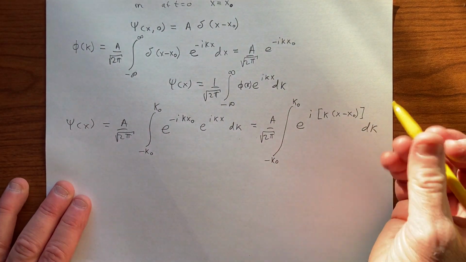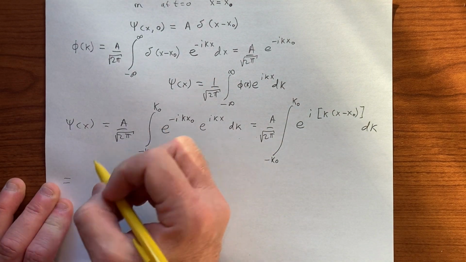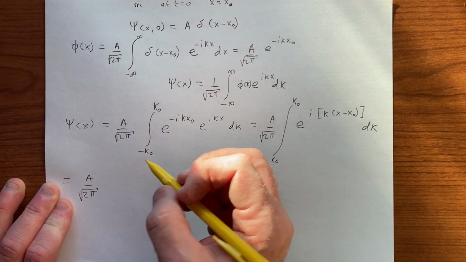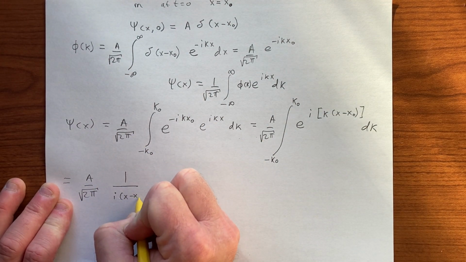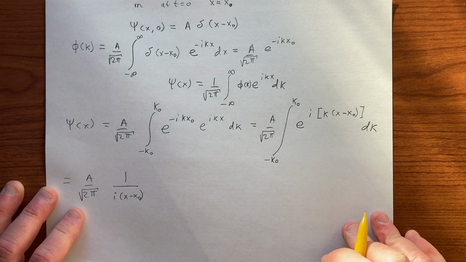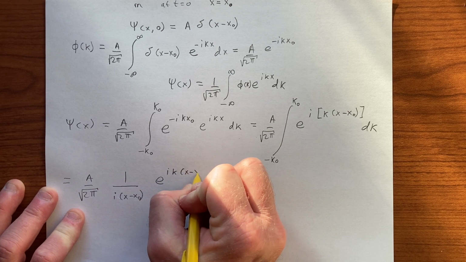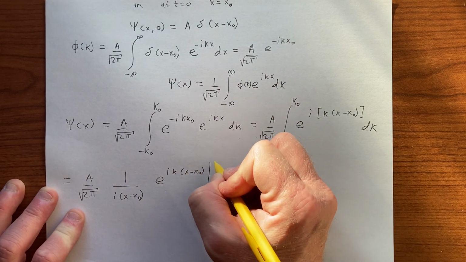So we can do this integral, right? And we get, as we did in the quantum course, a constant, not very interesting, i times x minus x naught, e to the ik x minus x naught from minus k naught to k naught.